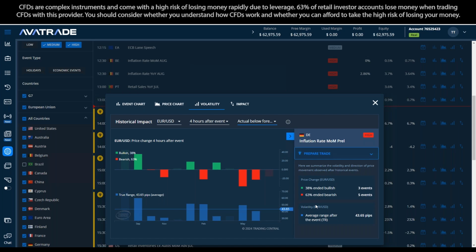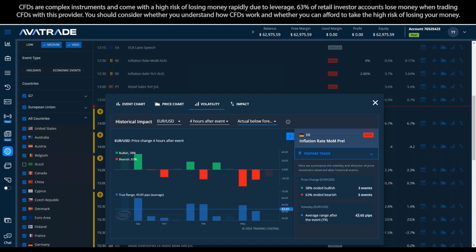And that's kind of what I was alluding to with the earlier data out of Belgium, that when the inflationary data comes in weaker than expected, it tends to be bearish for a currency, tends to cause maybe a weakening pressure on the currency. And that's what we see here has happened in the past with the announcements out of Germany when the inflationary data was below forecast. 2/3 of the time, almost 63% of the time, you see a drop in the 4 hours after those announcements, a drop in the Euro USD.